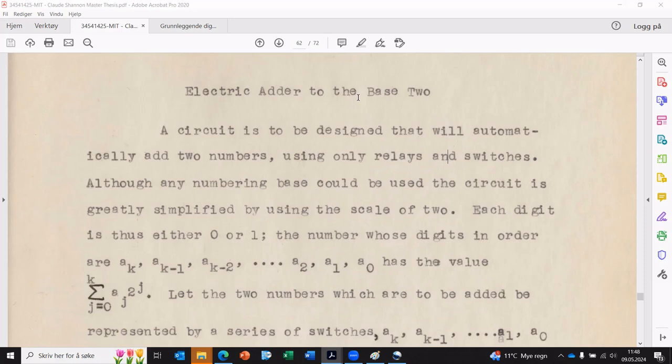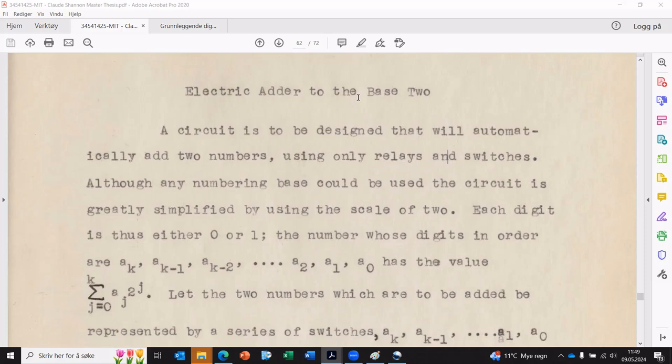The number whose digits in order are AK, AK minus 1, AK minus 2, ... to A2, A1, and A0, has the value of the sum of j from 0 to k, aj times 2 to the j.